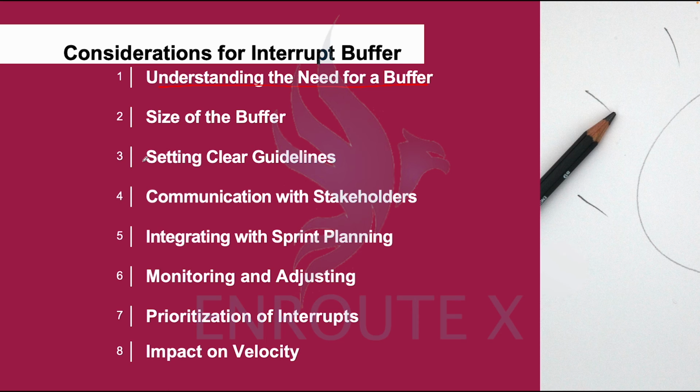You need to know what the need is. Where a team does not have interruptions, then you don't need an interrupt buffer. So interrupt buffer is to accommodate for various distractions that come in the way of the team, and those distractions are urgent matters to be worked on.